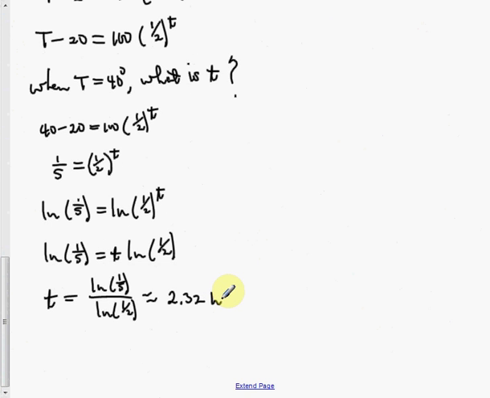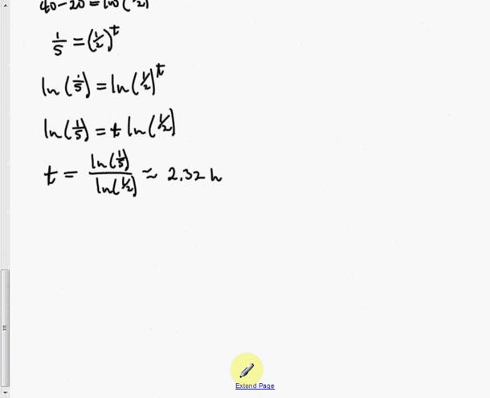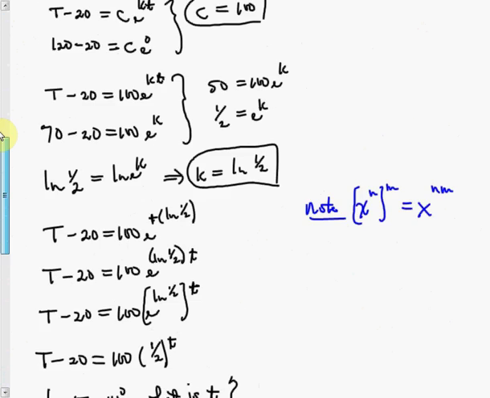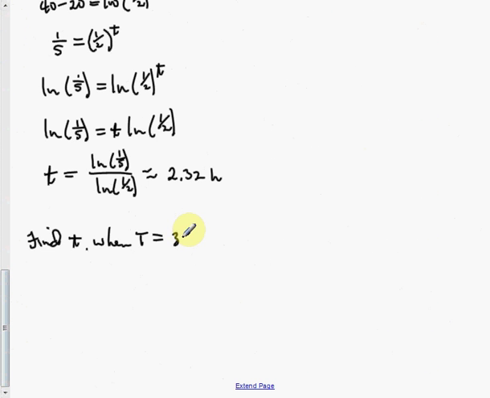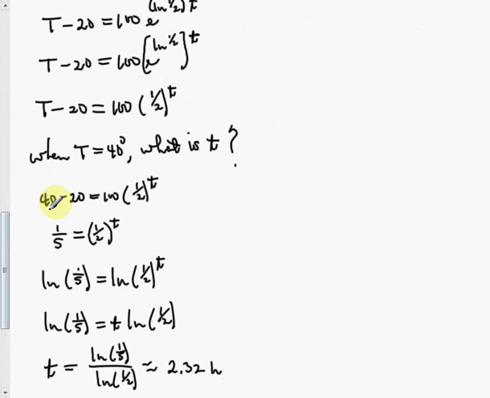And so now for the next problem, I'll just set it up. Find t when the temperature is equal to 30 degrees. So all you're doing there is just replacing this 40 with 30.